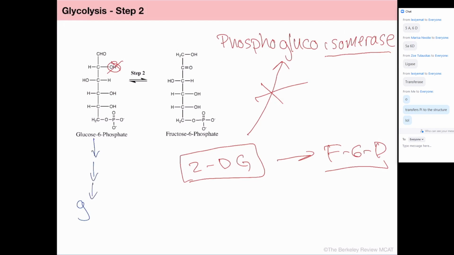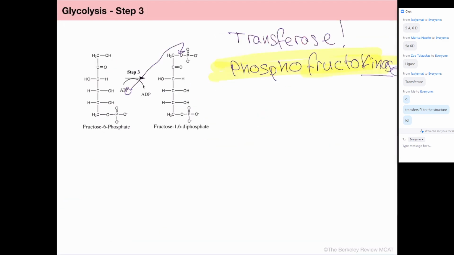Once the glucose is in the cell, if there's not a need for energy, you can store it as glycogen for later, or you can keep going down glycolysis. Step 3 happens by phosphofructokinase, abbreviated PFK. This step commits it to metabolizing glucose rather than storing it.